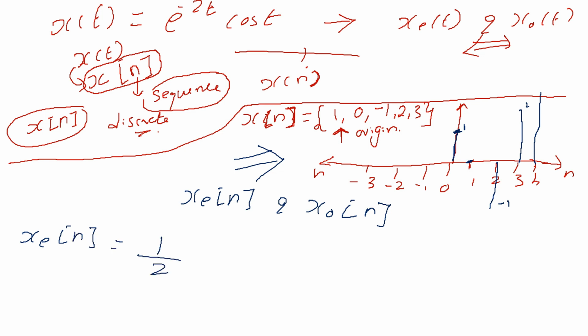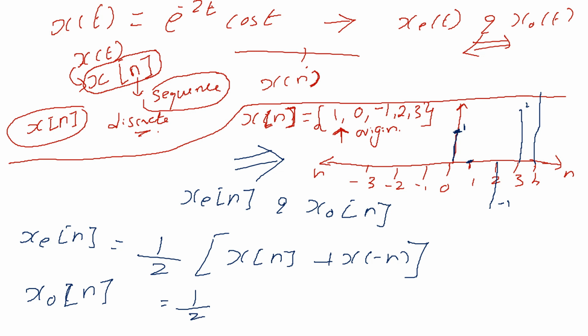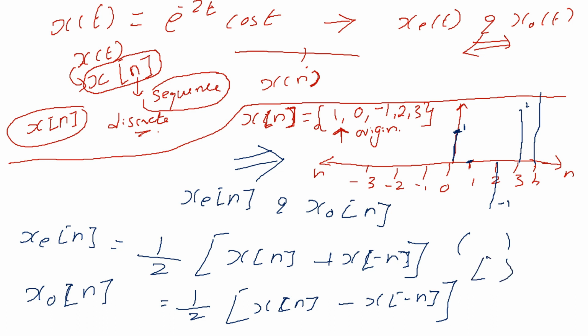The formula is very similar: half times x of n plus x of minus n, and the odd signal is equal to half times x of n minus x of minus n. Don't forget to use a square bracket because it's universally accepted, but there is no reason for that actually. Even if you put the other bracket, it is okay, but most of the books use a square bracket only, right?